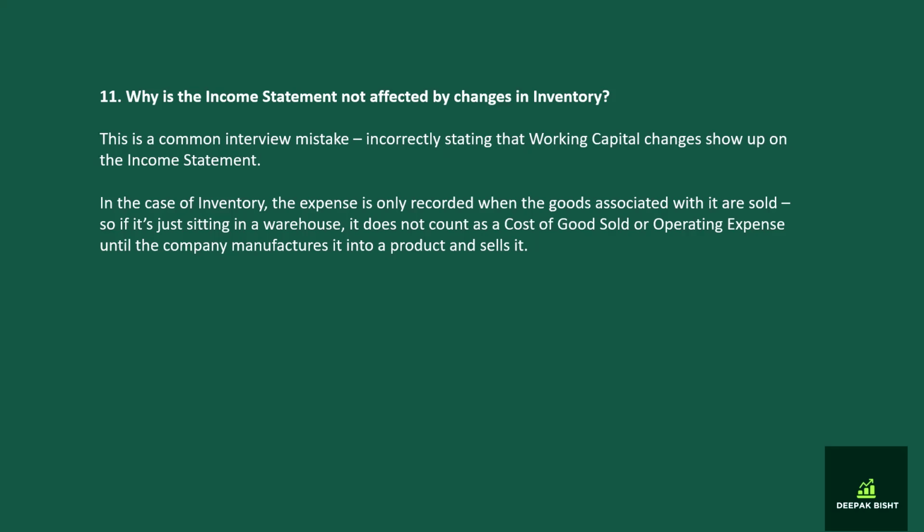So the question number 11, this is a tricky question where an interviewer actually asks a candidate the effect of changes in inventory on the income statement, which at times the candidate gets confused. So this is a common interview mistake, and at times what the candidate does is it states that the changes because the inventory is actually a part of changes in working capital.